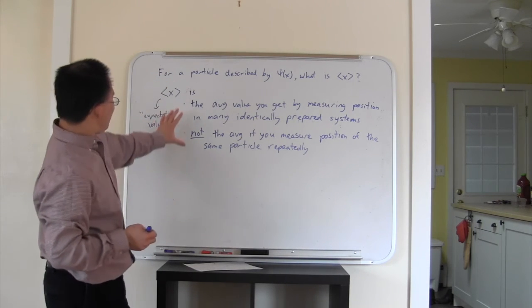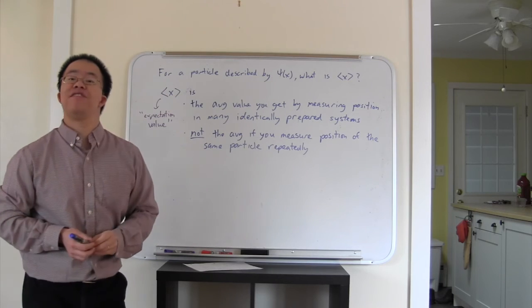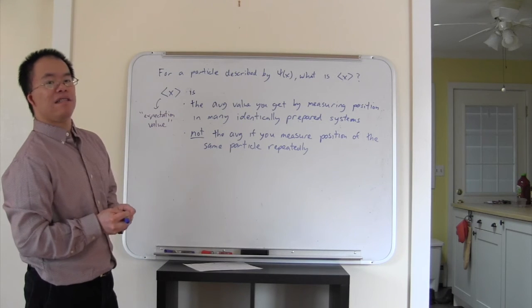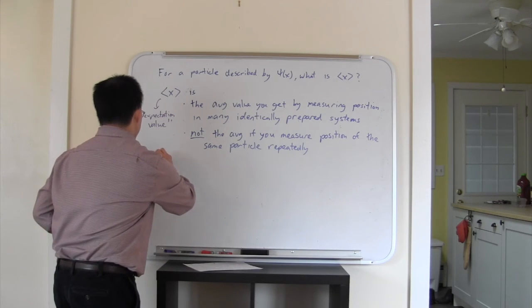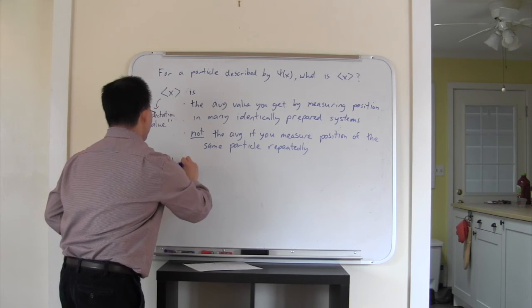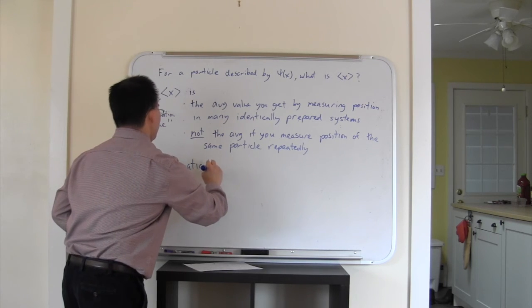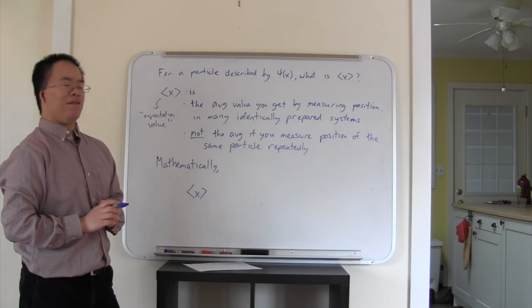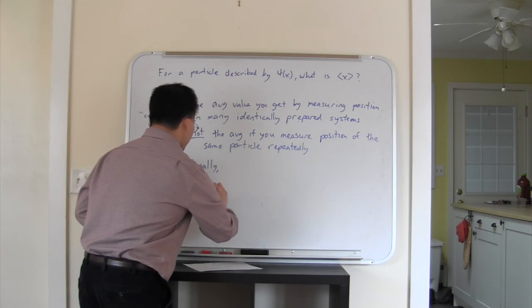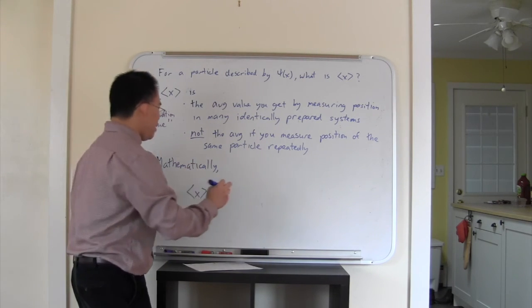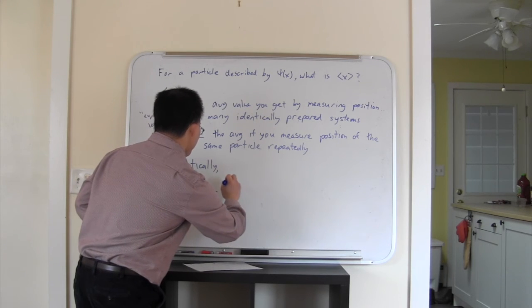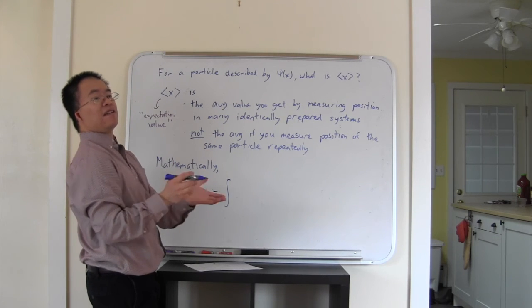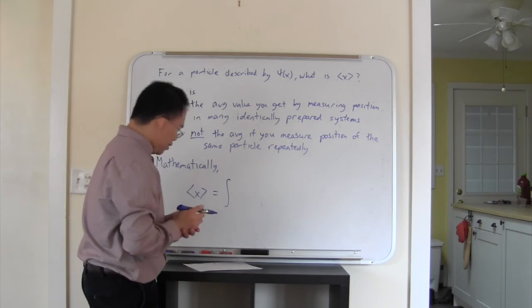Okay, so having talked about what the expectation value of x means, how can we calculate it? Well, we can just apply the idea we talked about earlier. Mathematically, the expectation value of x is given by, again, a summation, this time an integral, since x is a continuous random variable.